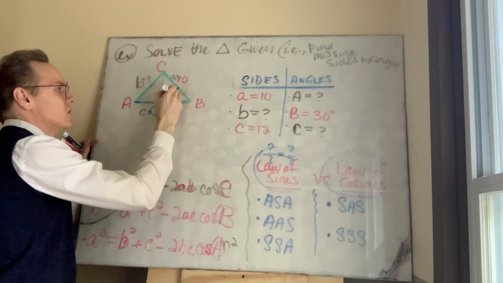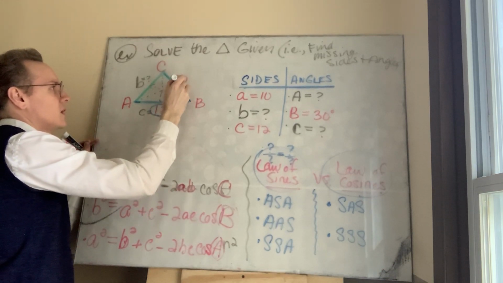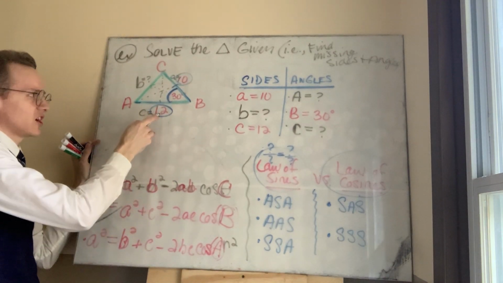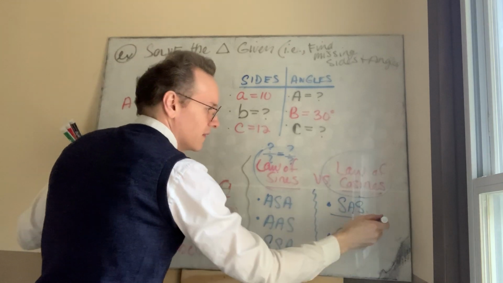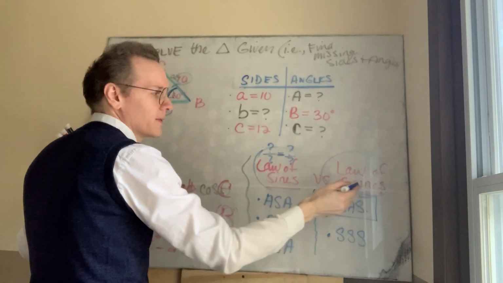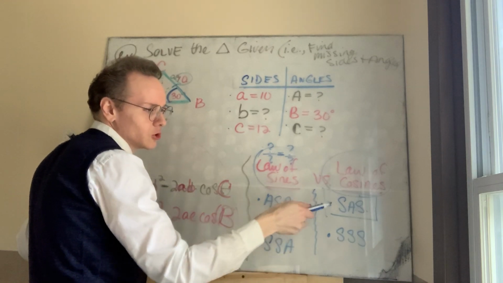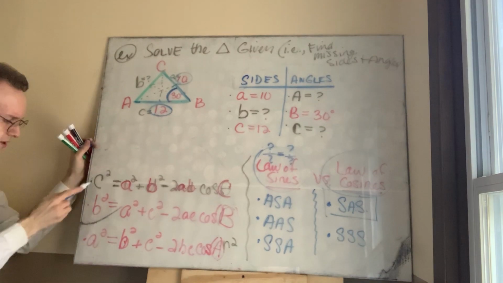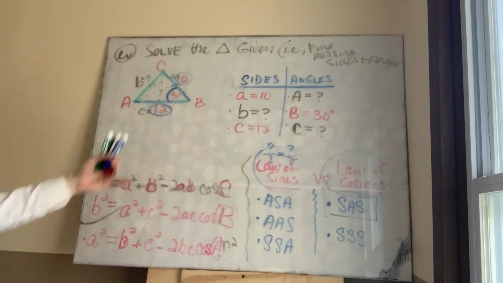We have an angle, and then we have a second side dimension, which is a 10. So this is a side, an angle, and a side. This is something that would be peculiar to the law of cosines. So we would have to choose between these three things then, and I would go with what the labels are.